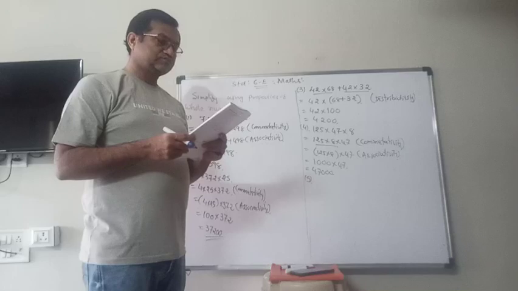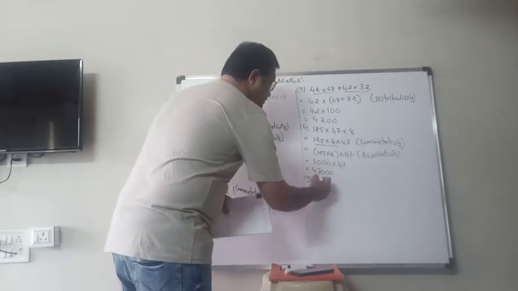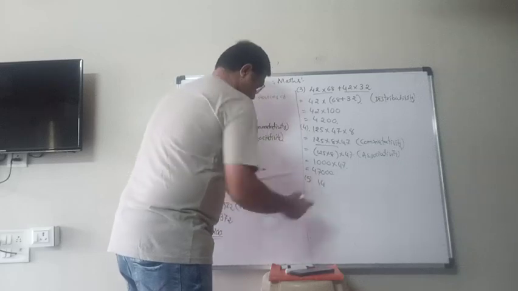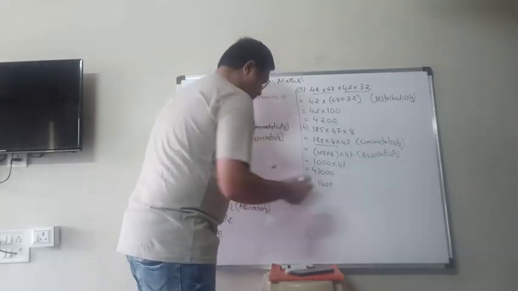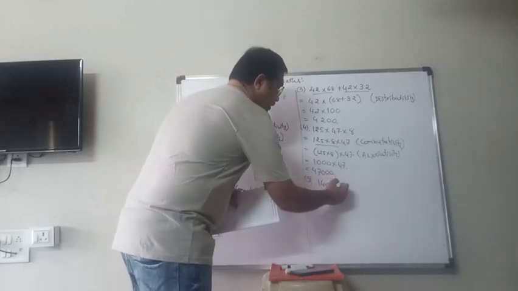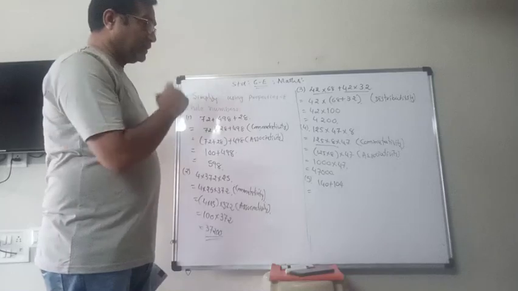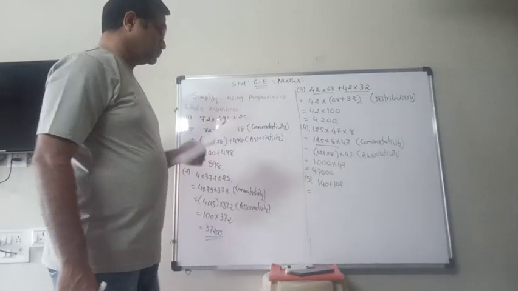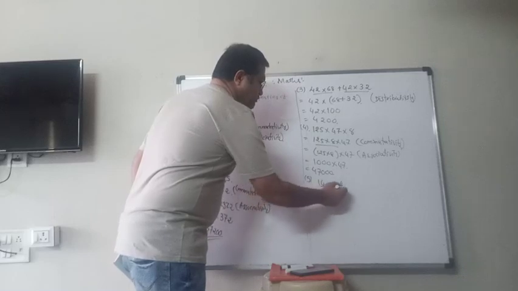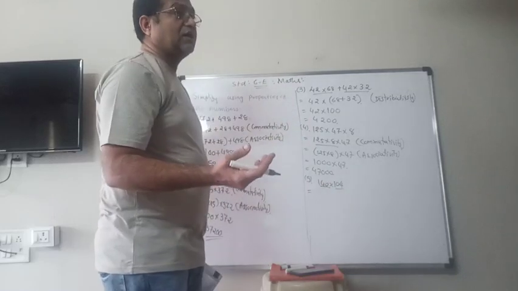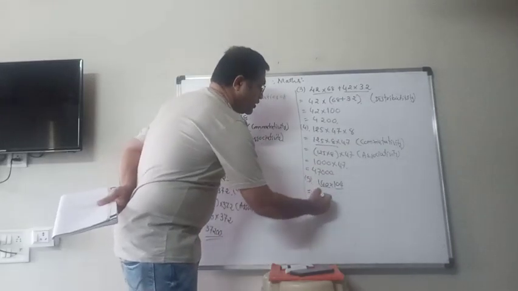Fifth one. 140 multiplied by 104. Now here we will use this same property, but the other way.